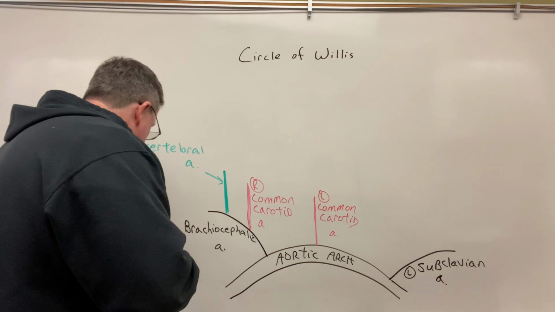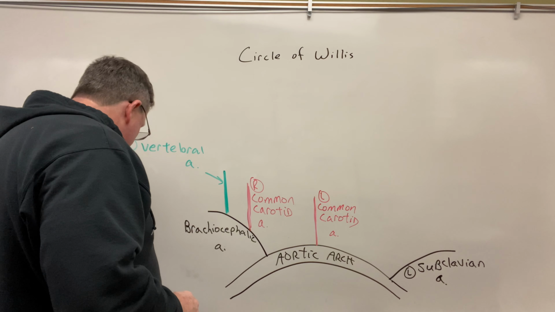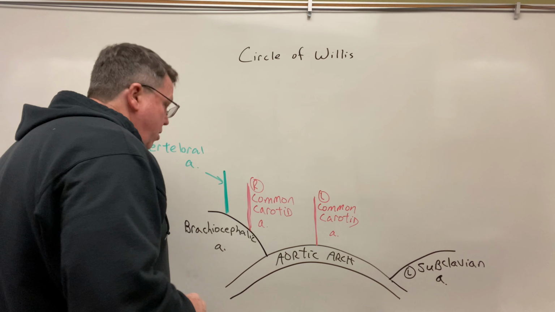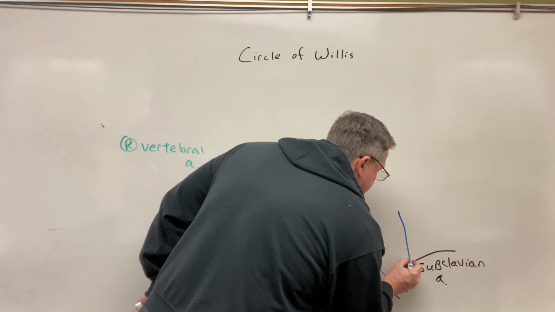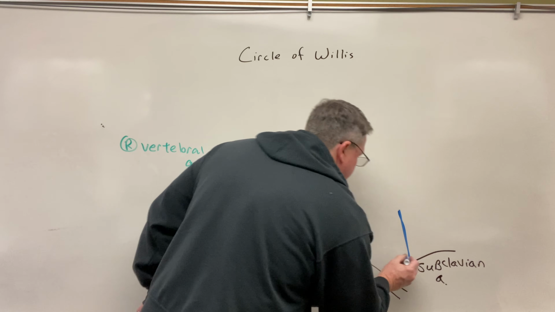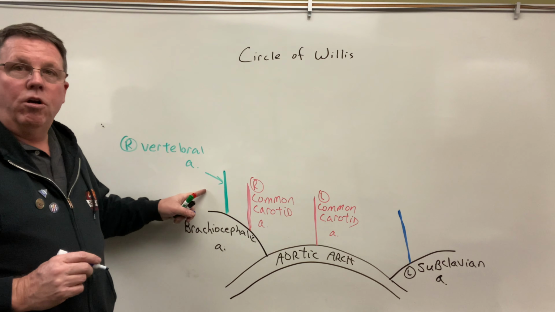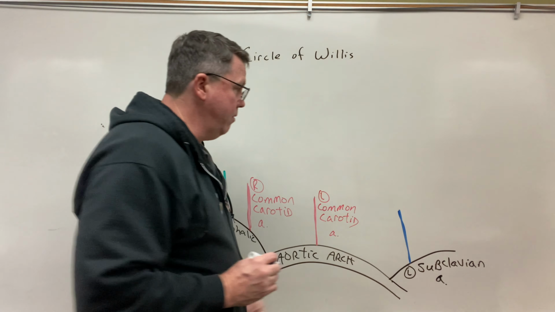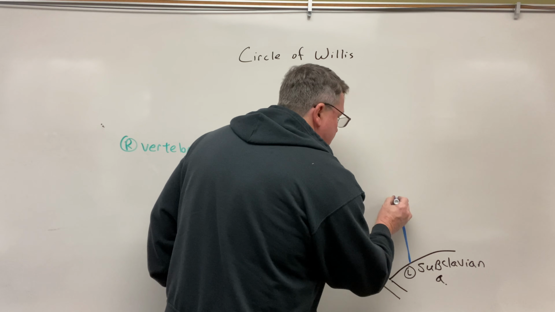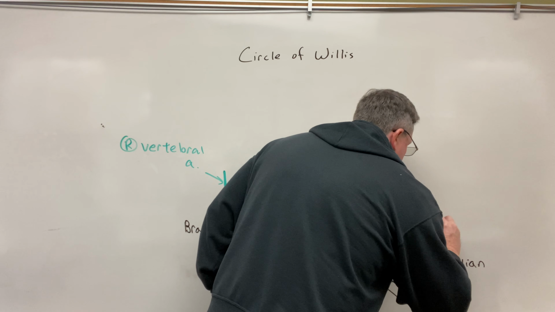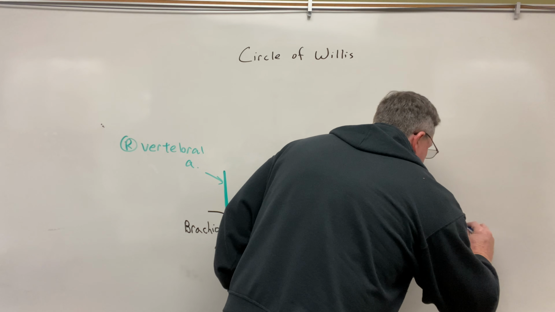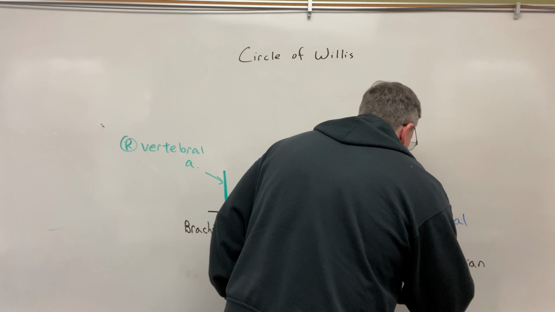But what's important is I am going to have another artery that's going to come off of here. And if you remember just a minute ago, we talked about the right vertebral artery. Well, over here, I'm going to have the left vertebral artery. Okay, so there's my left vertebral artery.